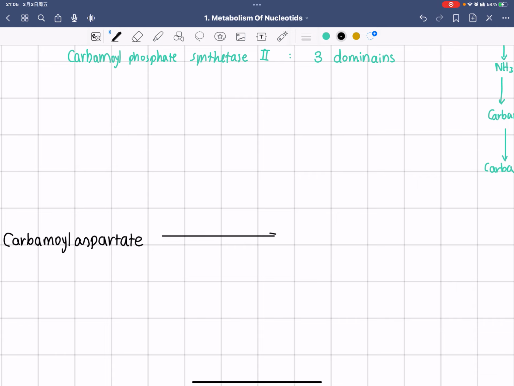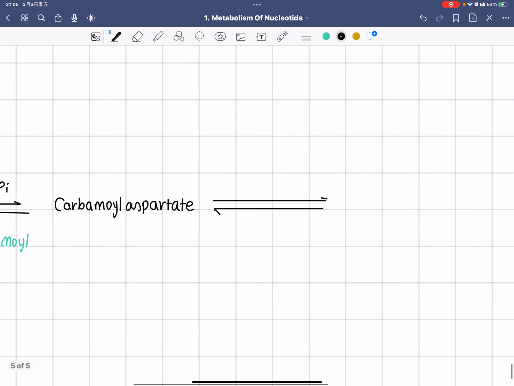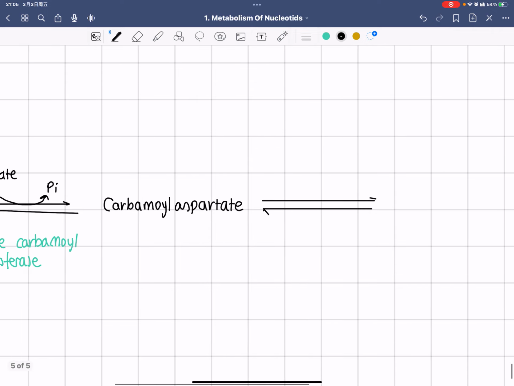Now let's get to dihydroorotate. Remember, guys, dihydroorotate is an enclosed cyclic molecule, and carbamoyl aspartate is not an enclosed one.